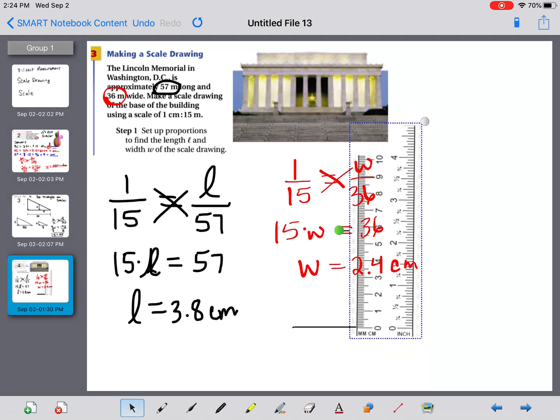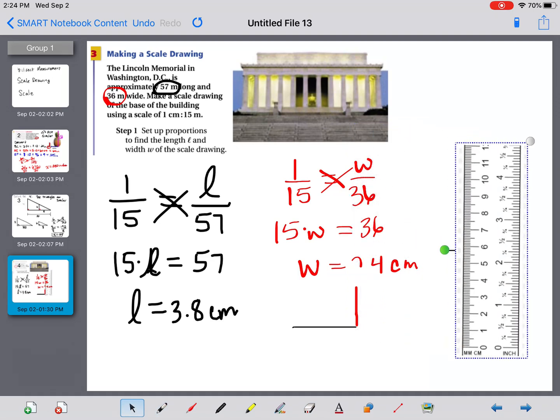Measure right up here, and we'll get 2.4 for the width. About there, gotta erase a little bit. And once we have those measurements, now we have a scale drawing.